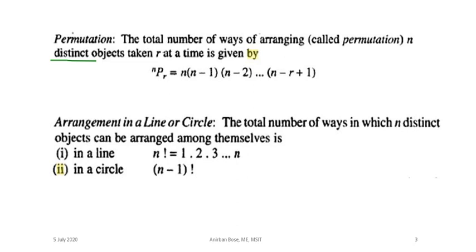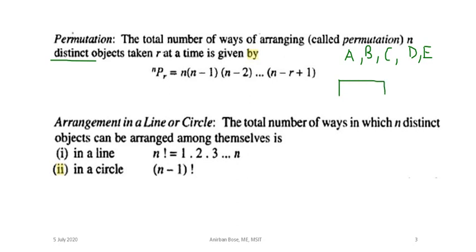Let us consider there are a few letters, say A, B, C, D and E. Suppose there are 5 letters A, B, C, D and E, and we want to arrange these letters.